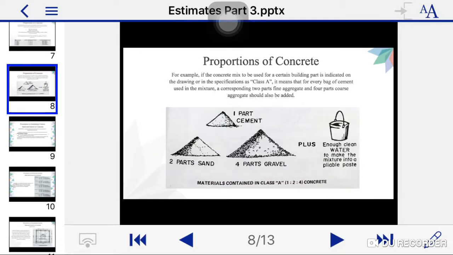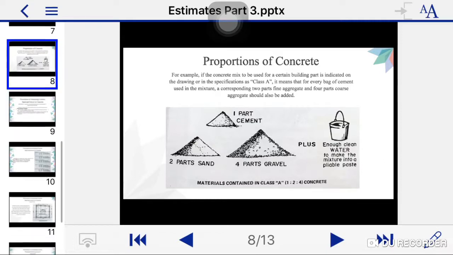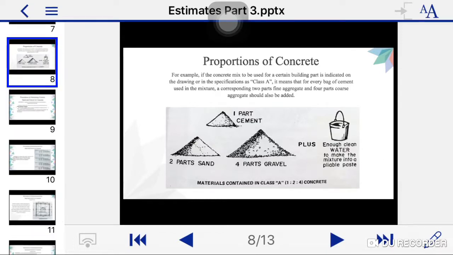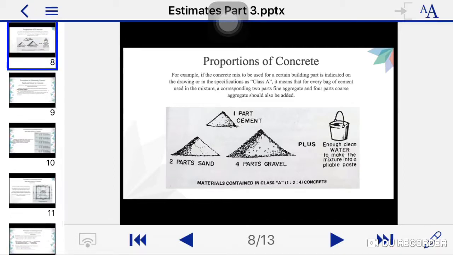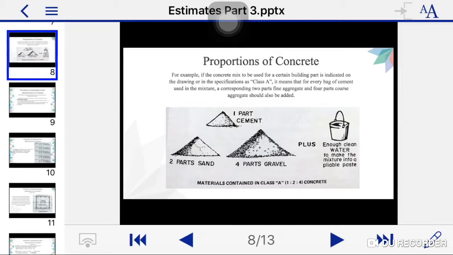Then next, for the proportioning of the concrete, for example, if the concrete mix to be used for a certain building part is indicated on the drawing or in the specifications as class A, it means that for every bag of cement used in the mixture, a corresponding 2 parts of fine aggregates and 4 parts coarse aggregates should also be added.